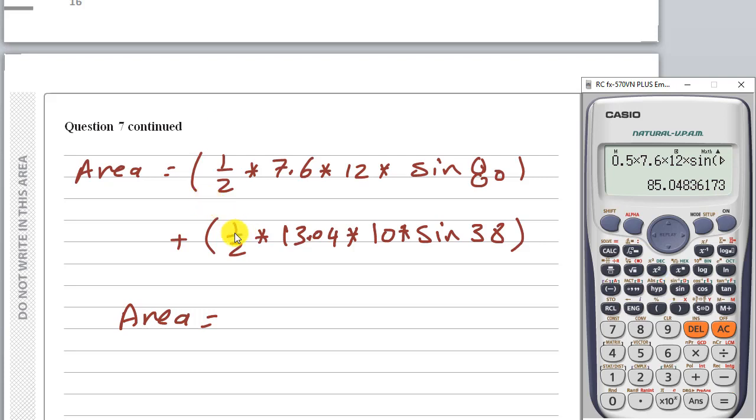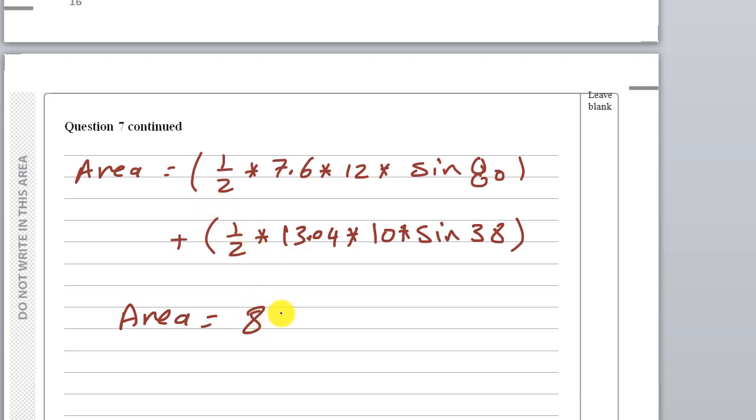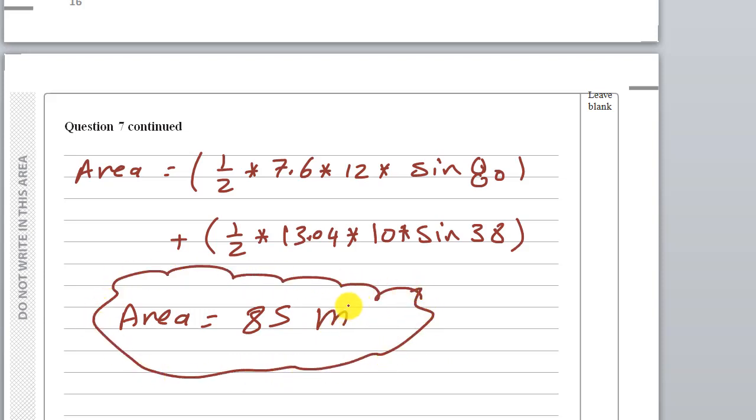So the area is 85 meters squared. Okay, let us go ahead to another question.